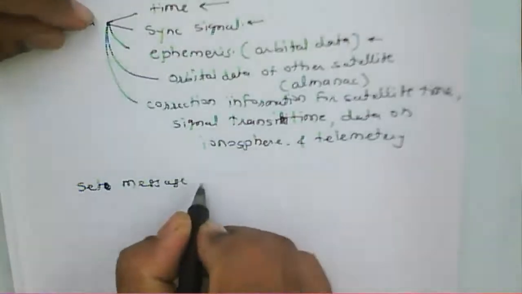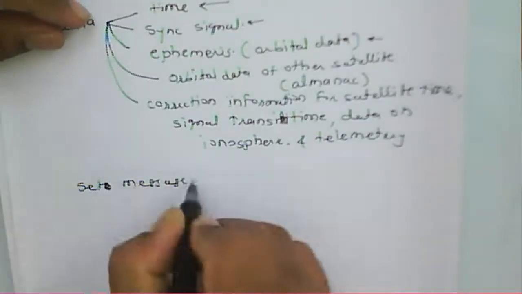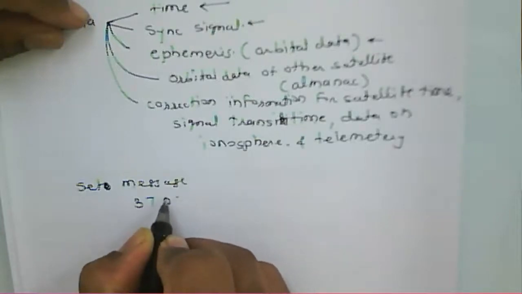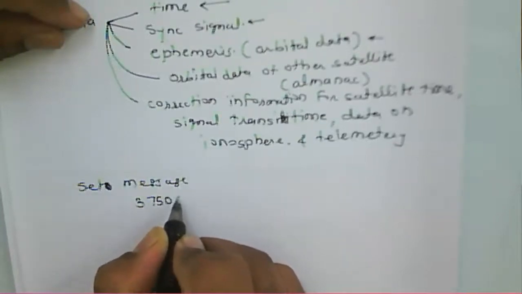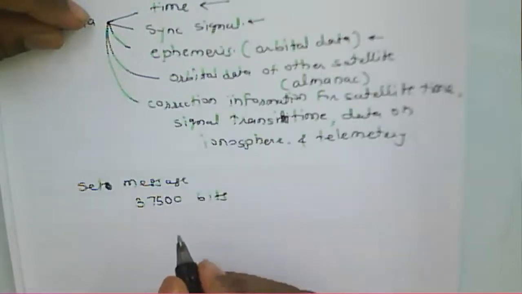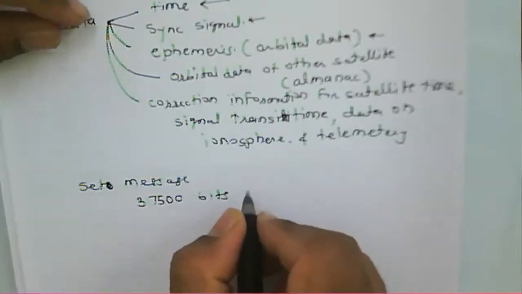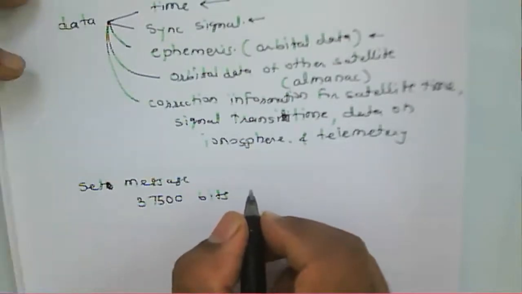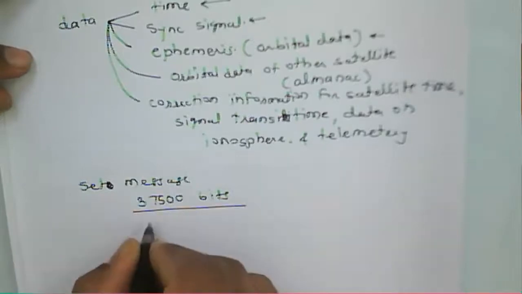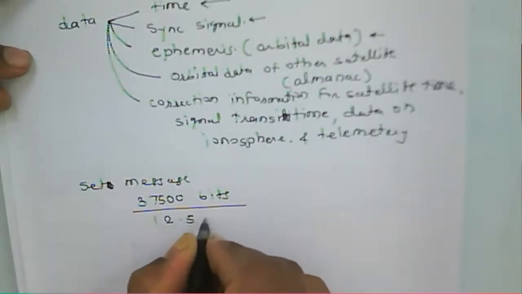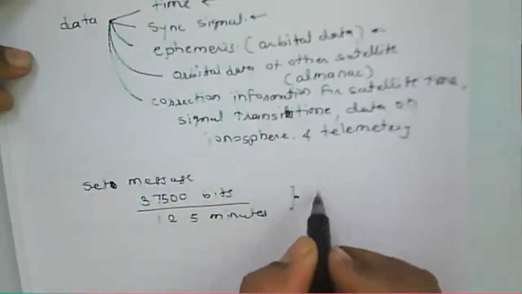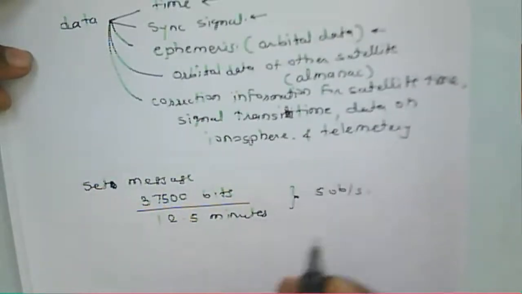That message set has 37500 bits, and these bits require 12.5 minutes to transmit from the transmitter with a data rate of 50 bits per second.